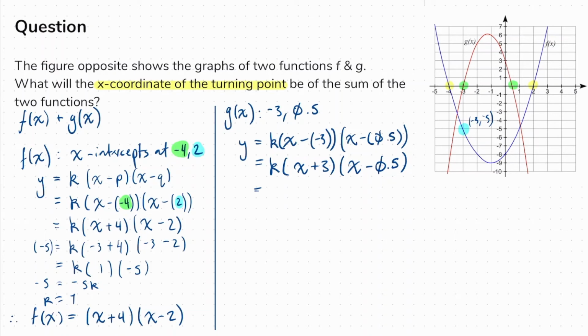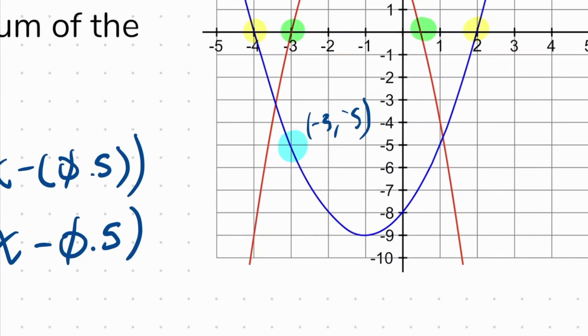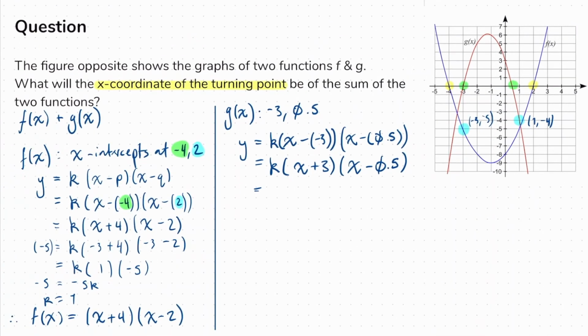Okay, so now I'm going to substitute in some clear value, and I can see one. I'm not sure if you can, so I'm just going to zoom in right there. So that clear value is at 1, -4. So this is (1, -4).